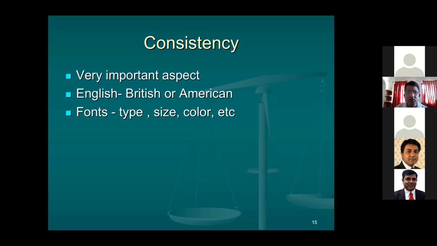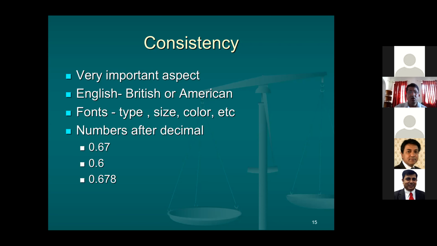You have to use the same font throughout your manuscript, and the same thing applies in the result section also. Size also matters. Color, if you are using a table or figure, you have to use the same color, the same design of the table. All these things matter. And numbers after the decimal, this is also not a very talked about thing, but it is very important because this shows how careful you have been in writing your result.